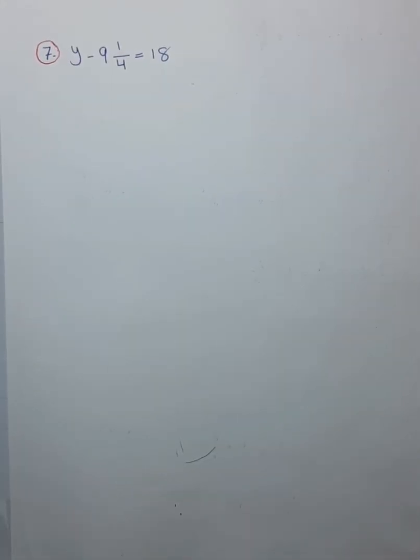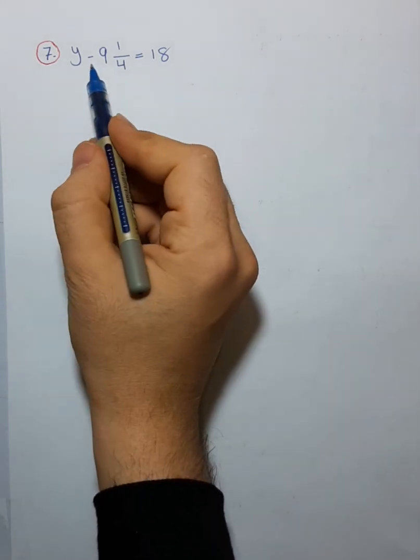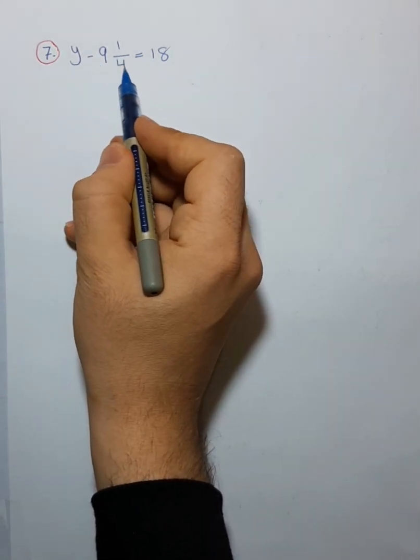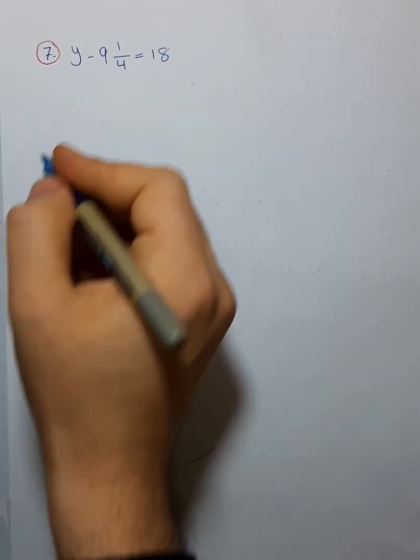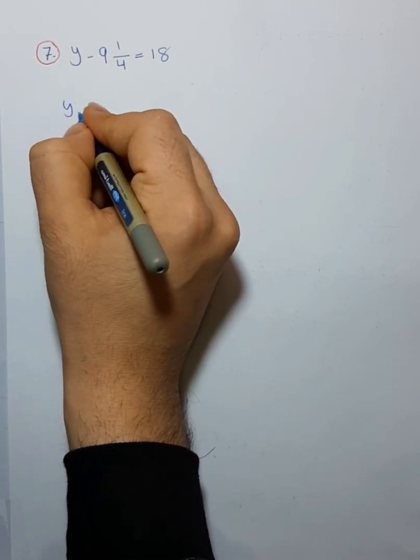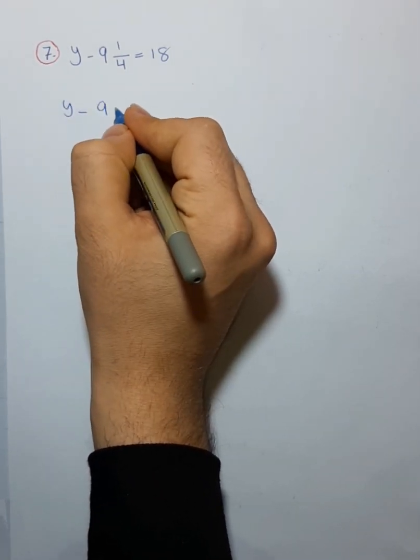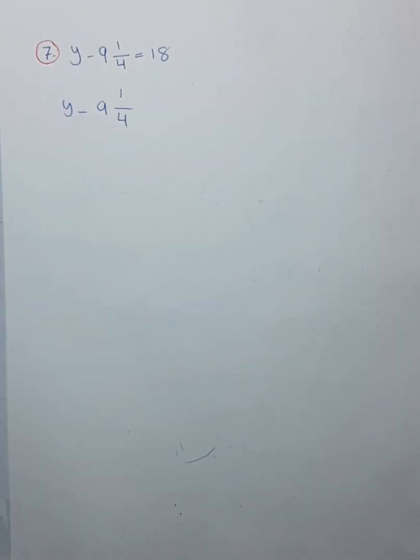Example number 7, we have y minus 9 and 1 out of 4 equal to 18. We have to take the inverse of negative 9 and 1 out of 4 for both sides. y minus 9 and 1 out of 4.